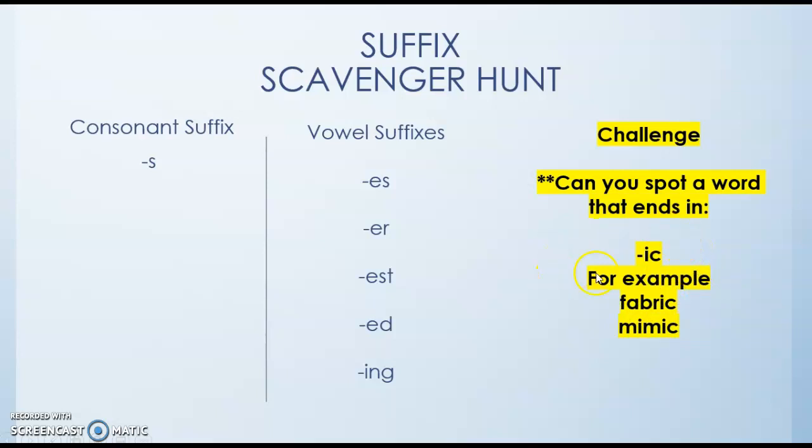If it has that ick sound in a multi-syllable word, a word with more than one syllable... Remember, we talked about multisyllabic, that long word, but it only means more than one syllable. It's not that big of a deal. So fab-ric, two syllables, ends in that ick sound, but they drop the K. Mim-ic, drop the K.